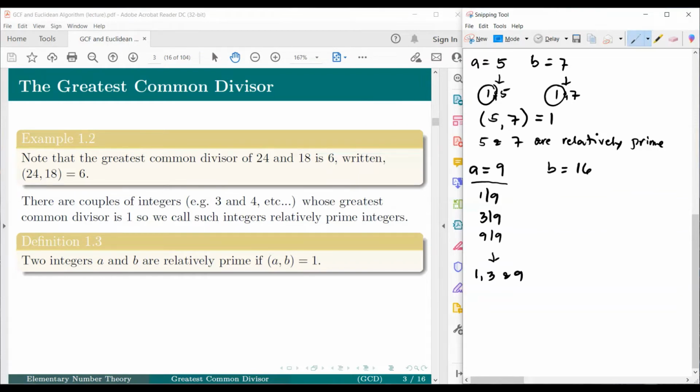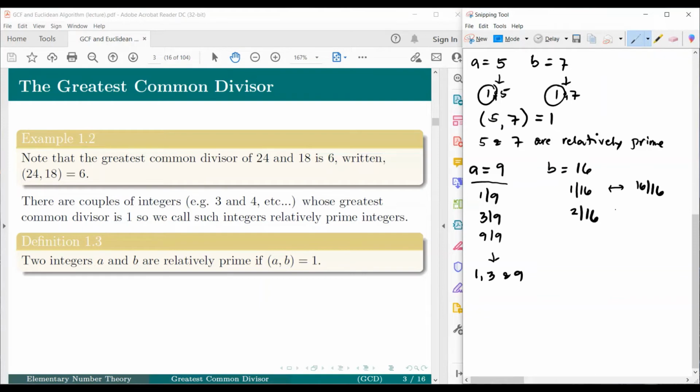Okay. So for 16, we know that 1 divides 16. What's the pairing of 1? We have 16 divides 16. Next, 2 divides 16. So 2 times what number equals 16? We have 8.